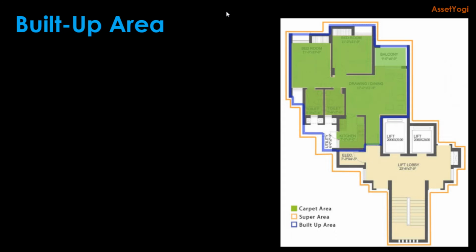To understand built-up area, first we need to understand what is carpet area. If you have a look at this illustration, all the area marked in green is the carpet area. This whole area, then this bedroom here, balcony, this living room, these two toilets and the kitchen area and this foyer here.